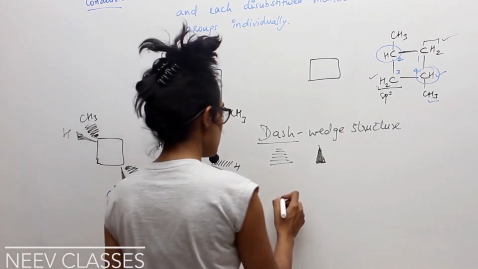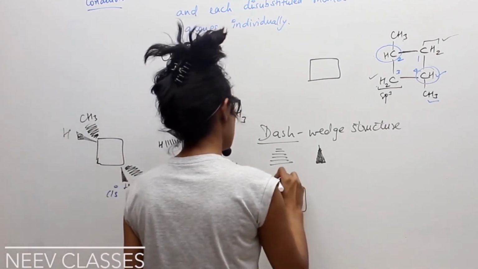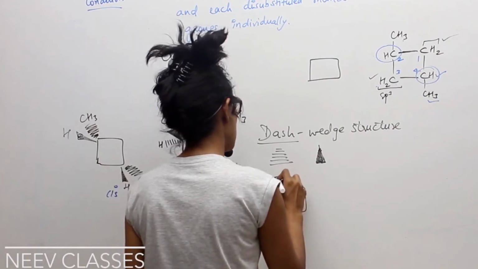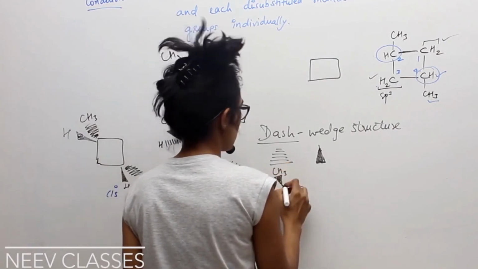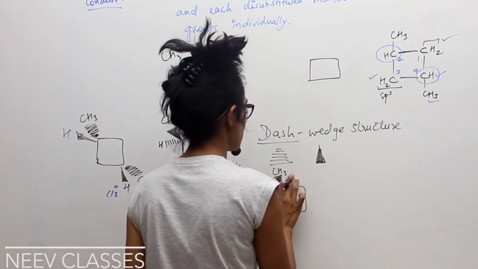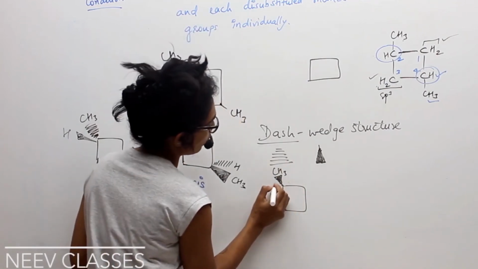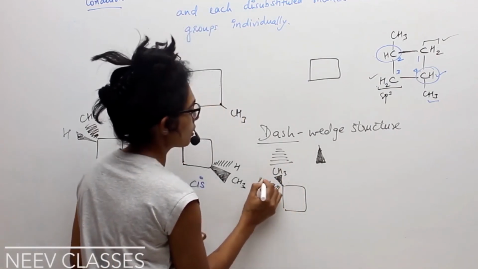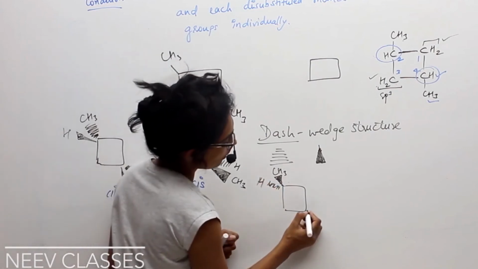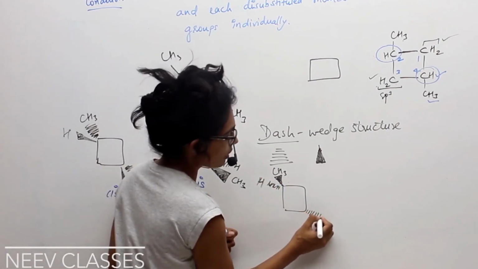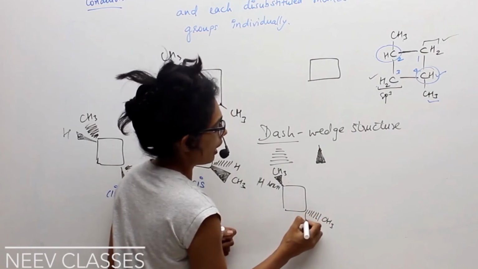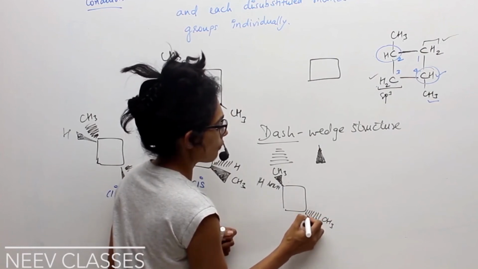Now what is trans in this case? One group is dash, one is wedge. Here you have CH3 as wedged and hydrogen as dashed, whereas here your CH3 is dashed and your hydrogen is wedged.